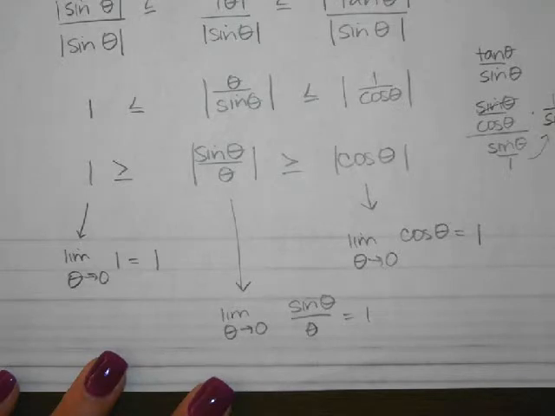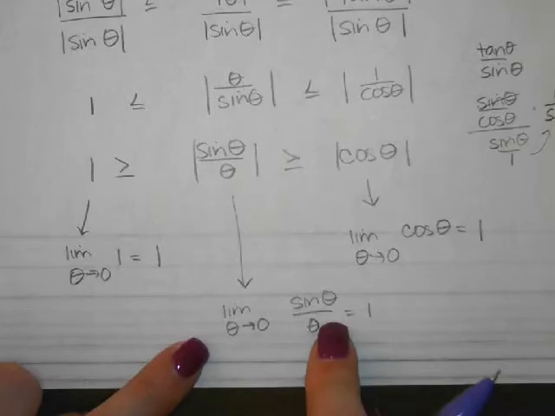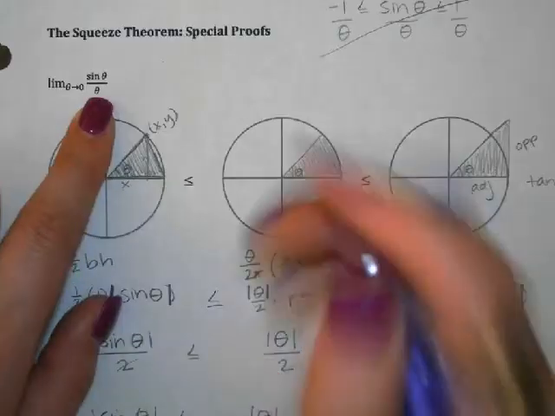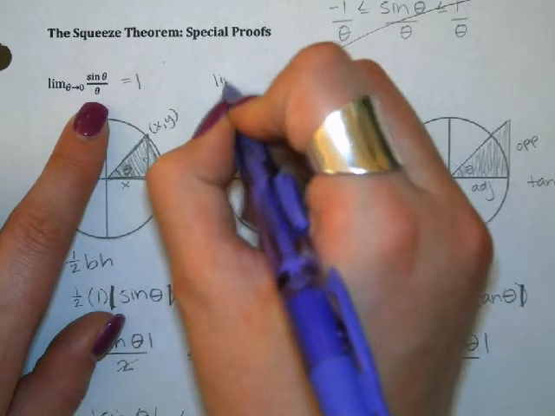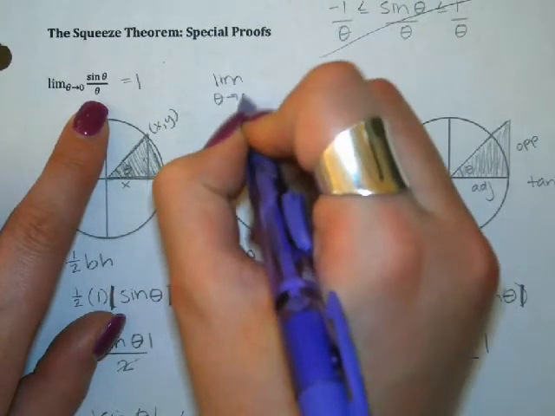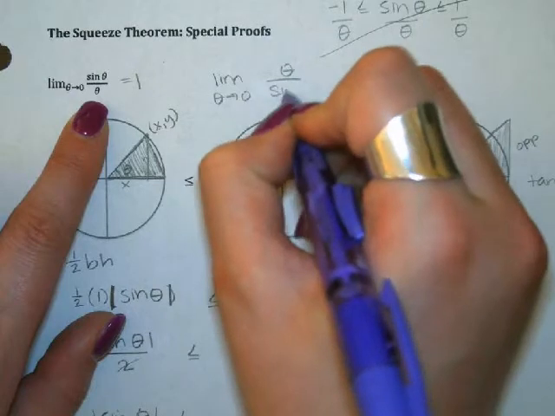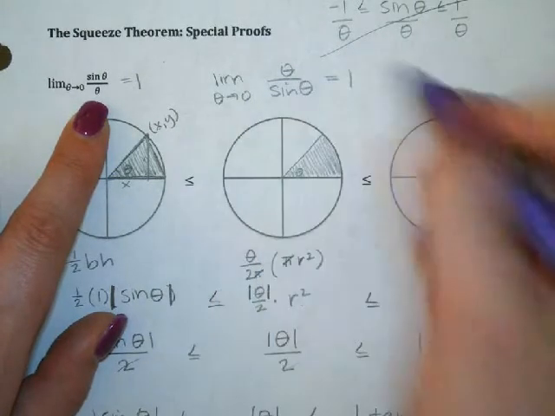All right, one of the other things, and we can write it at the top here, is that if this equals 1, then that would mean that the limit as theta goes to 0 of theta over sine theta would also equal 1.